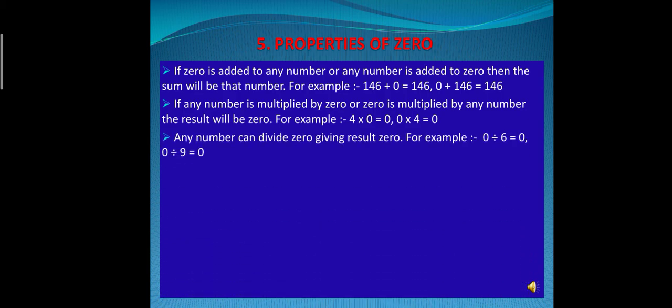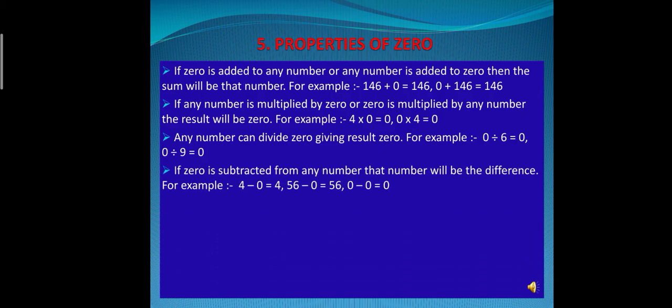Third property: 0 divided by any number gives result 0. For example, 0 ÷ 6 = 0. 0 ÷ 9 = 0. Any number divides 0, you get 0. Fourth property of 0: if 0 is subtracted from any number, that number will be the difference.